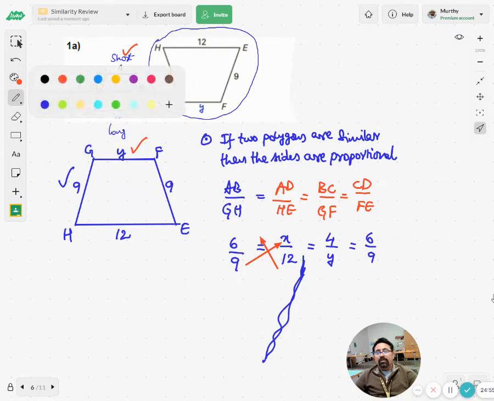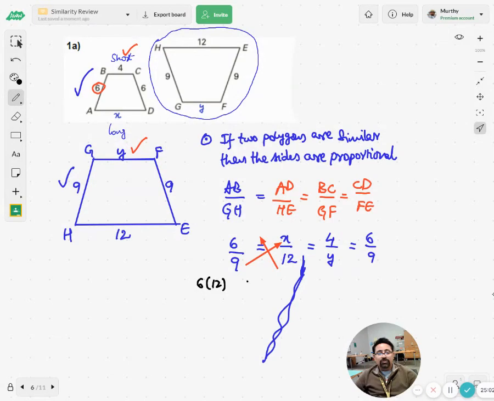So 6 times 12 equals 9 times x. You know how to isolate x, so I'm doing the inverse operation. Then grab your calculator and compute. You get the value of x is 8 units.